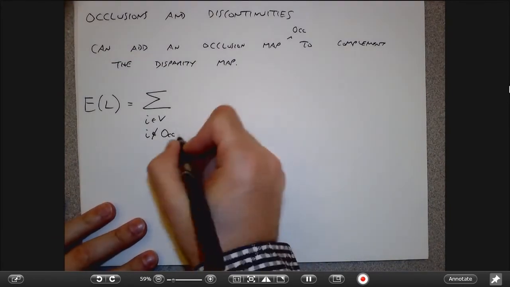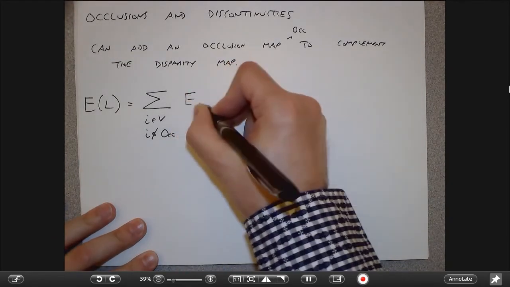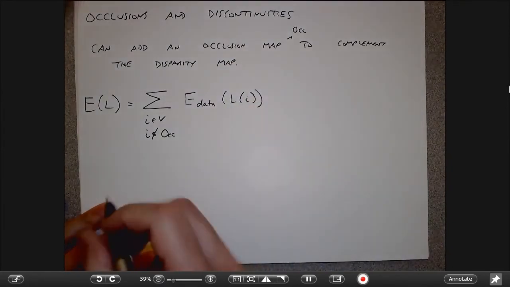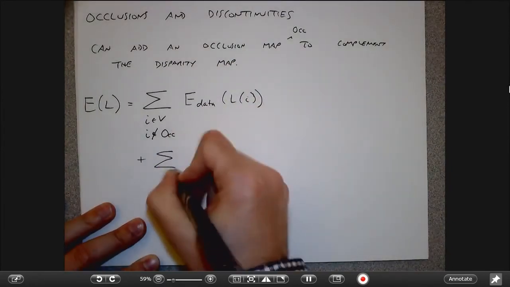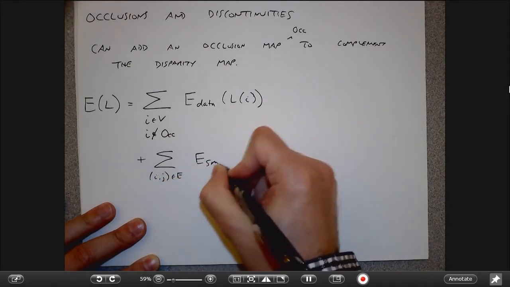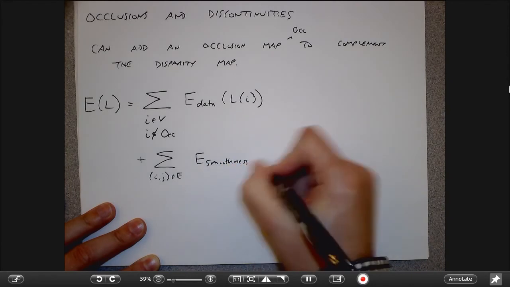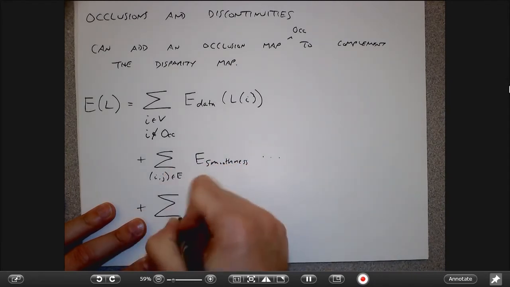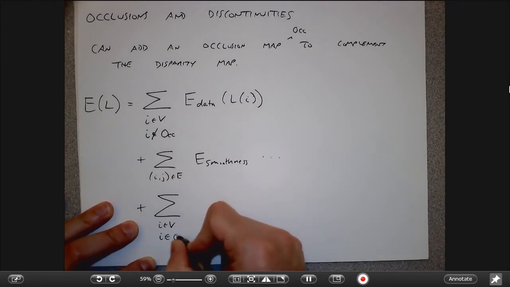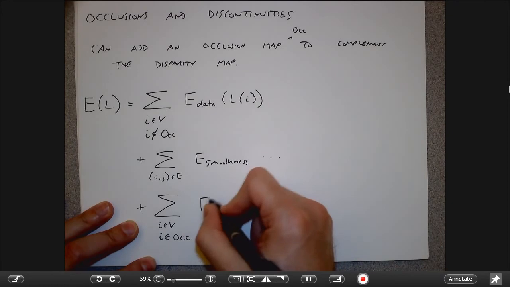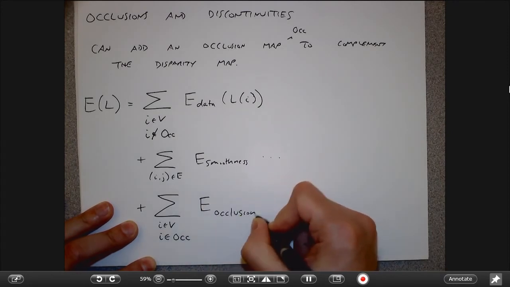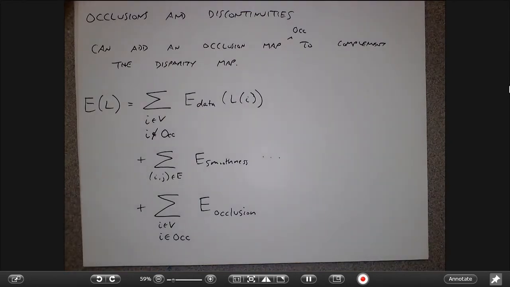If I'm not occluded, I have my usual data term, and then I have my smoothness term, dot, dot, dot. And then I have the sum over the pixels that are occluded of some sort of cost of occlusion.